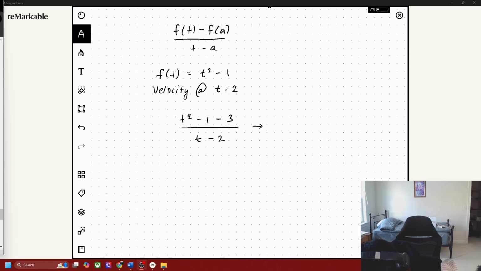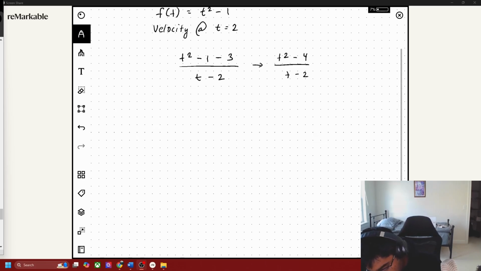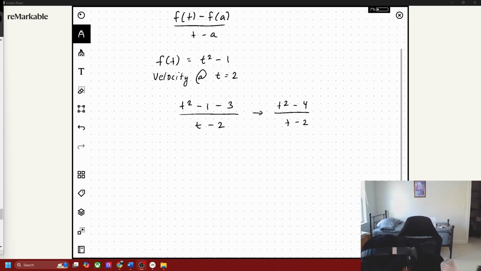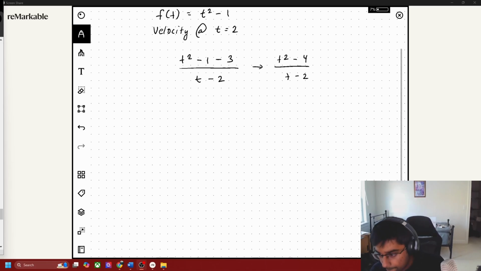So this simplifies to t squared minus 4 over t minus 2. And now with this, we can just plug in values with the table.